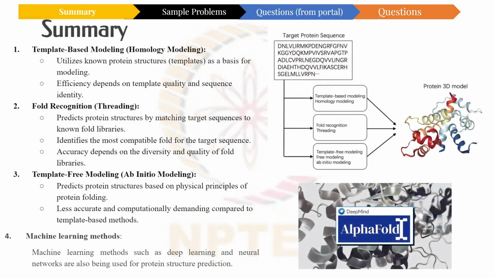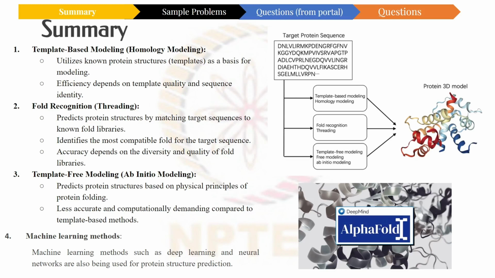So starting with this, there are several computational methods available for protein 3D structure prediction. The first one is homology modeling. It is also known as comparative modeling, which is a widely used method for protein structure prediction. It believes that similar sequences will have similar structures. That is, it involves predicting the 3D structure of a protein based on its homology to a known protein structure.